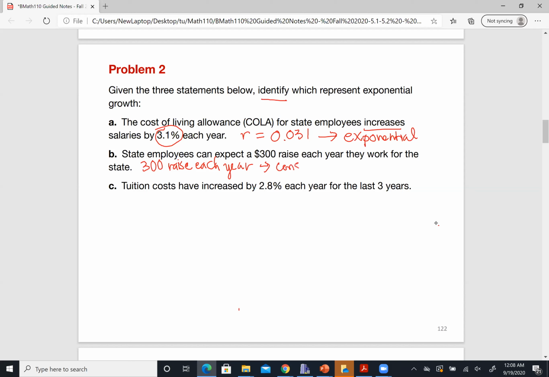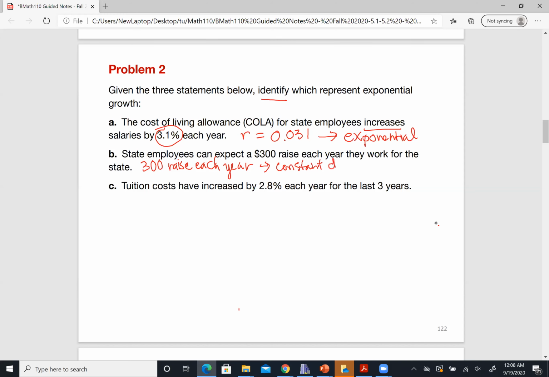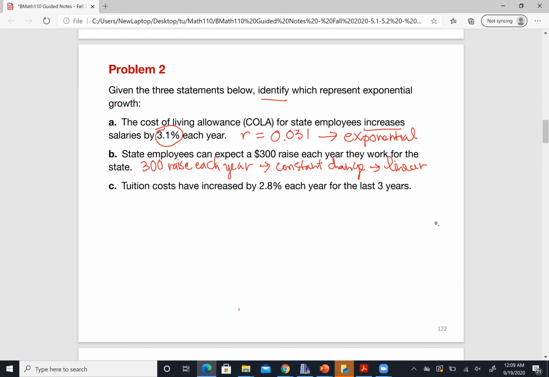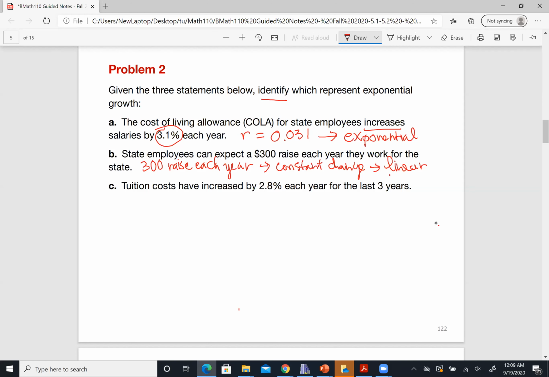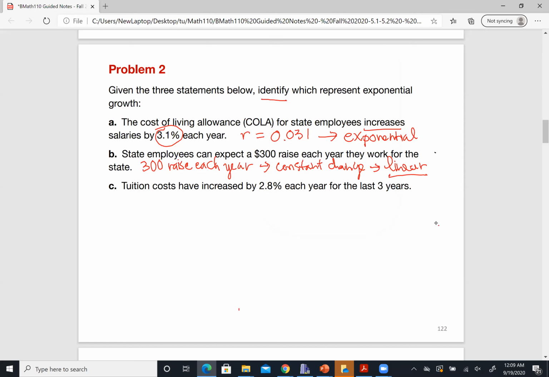You're adding constantly, so it's a constant change. So this should be linear, not an exponential function. Linear, you add things. Okay, let me use another color. Here's exponential function. Here's linear.